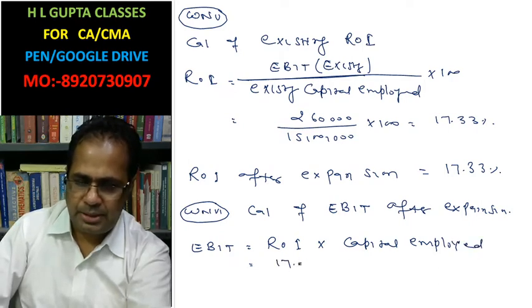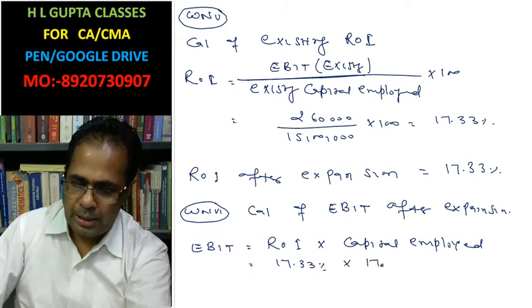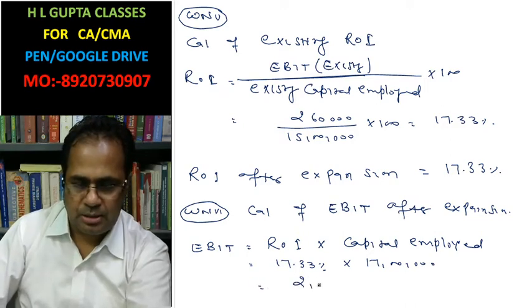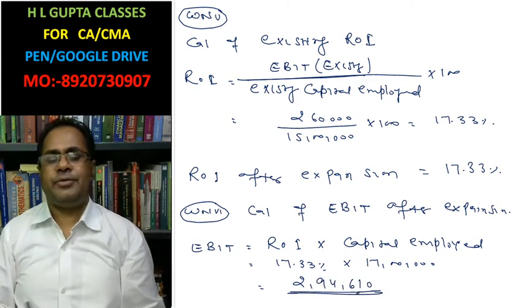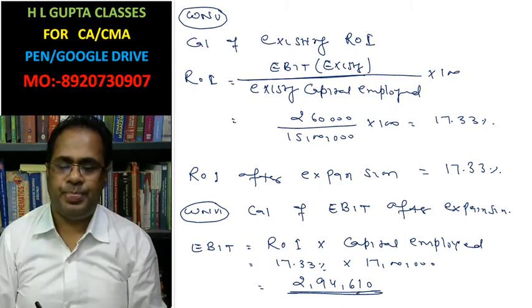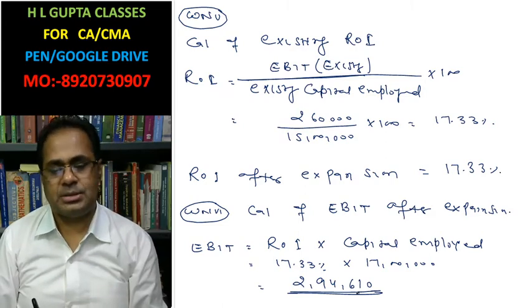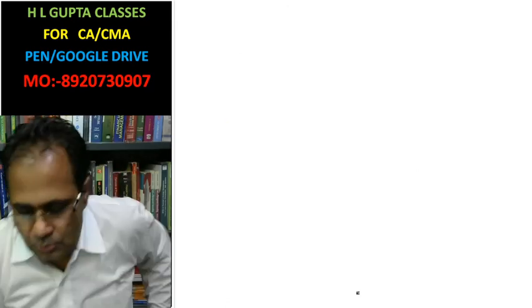Return on investment is 17.33% into the after-expansion capital employed, which is 17 lakh. This is 2,94,610. On the basis of this, we can calculate market price per share when debt finance or when equity finance.